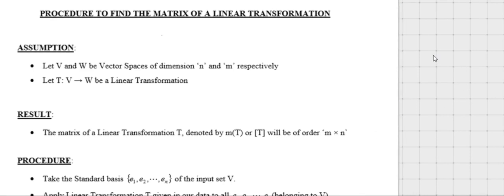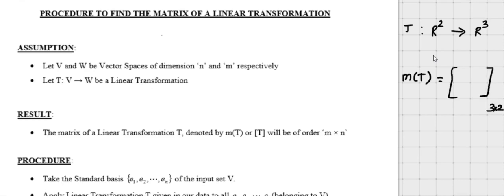For example, if T is a linear transformation from R2 to R3, the order of the matrix of T will be 3 cross 2.